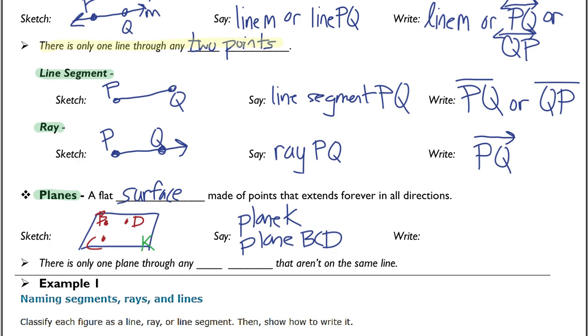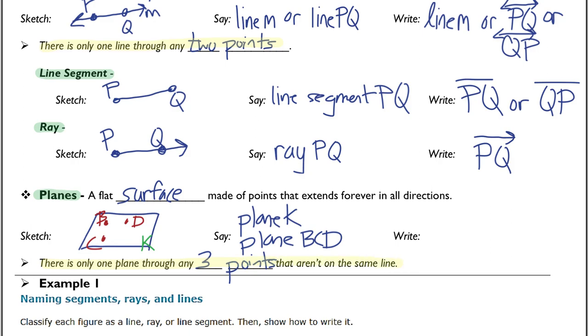So through any three points not on the same line, we can create this plane, which is a key piece of information, and I will reword this as it says. There's exactly one plane through any three points that are not on the same line.